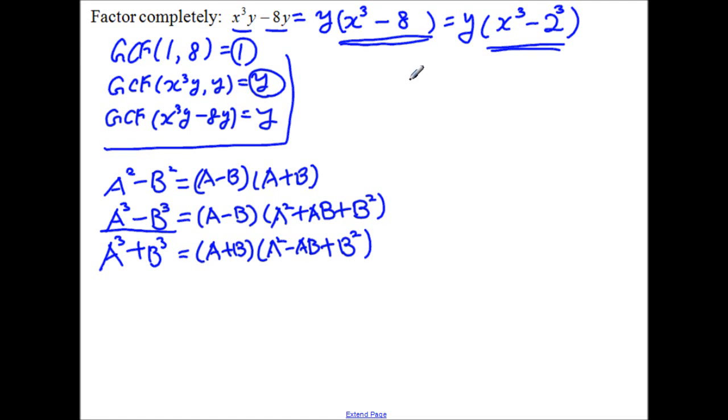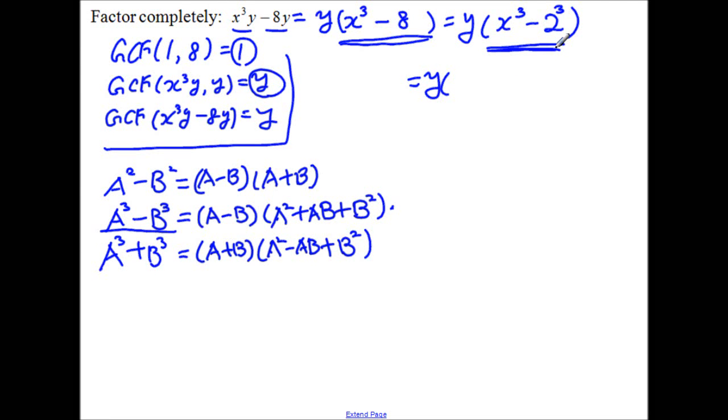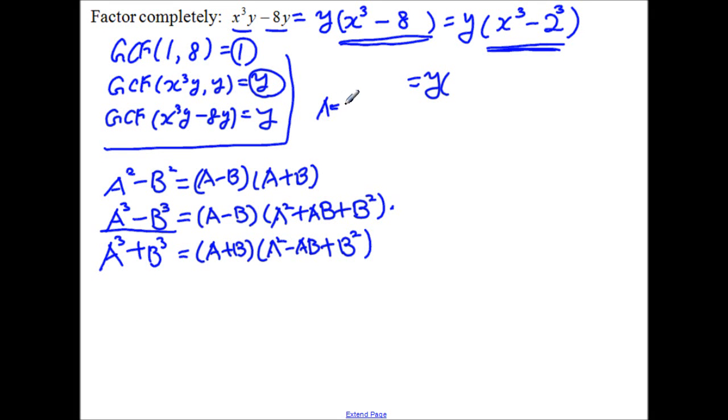So then, using this formula, we can factor this polynomial, x to the third minus 2 to the third. This is the case when a is x and b is 2, right?